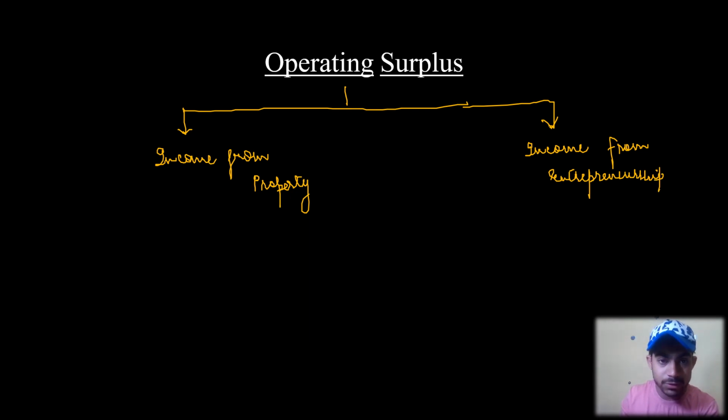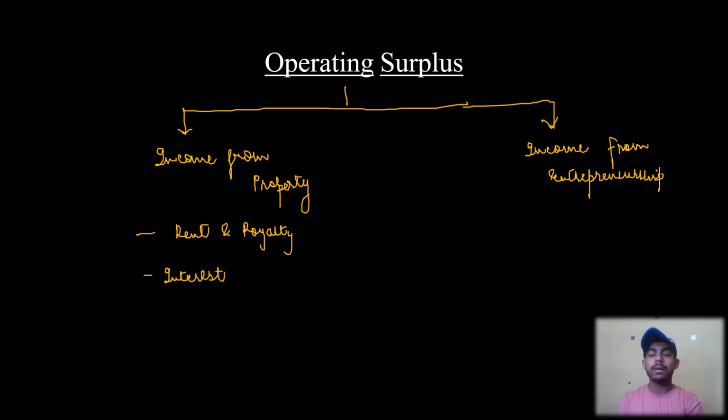Income from property includes two things. Number one, rent and royalty that we have seen in the last slide. And the second one is interest that we're getting on the capital. And income from entrepreneurship includes profit that we all know.